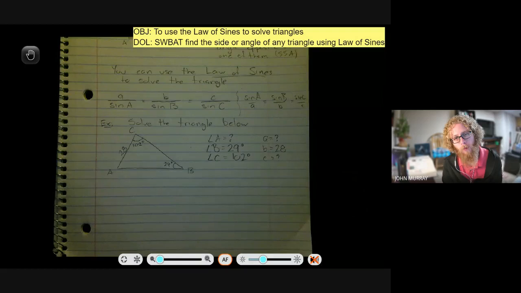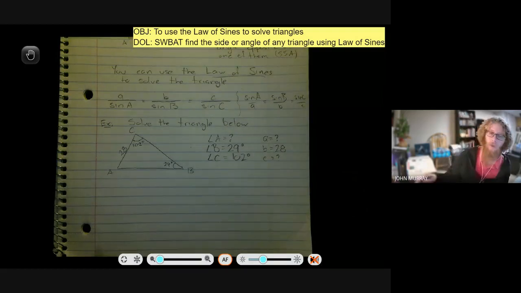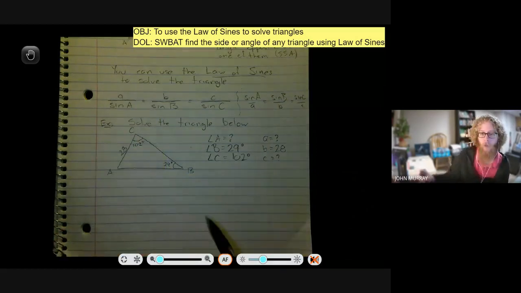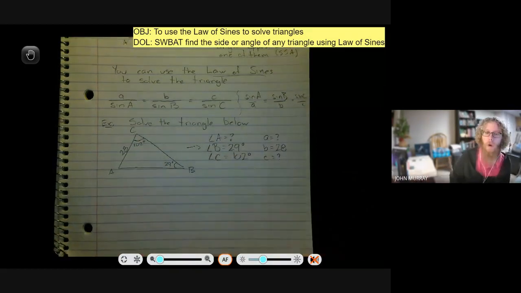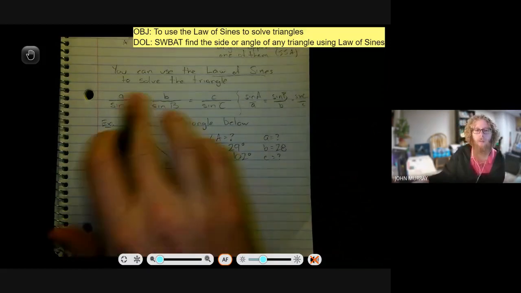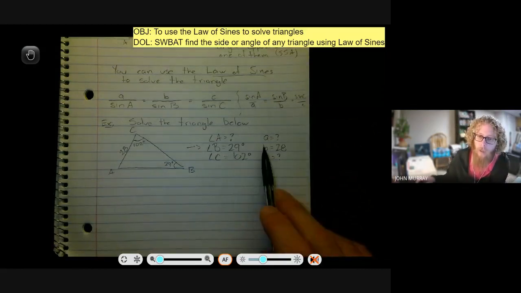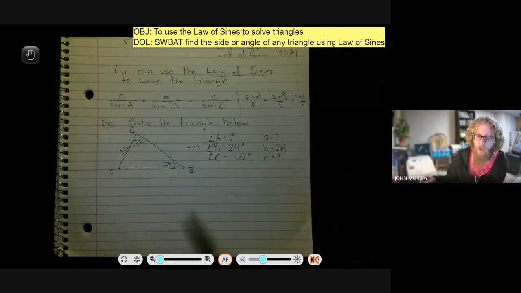So from our ratios, we're going to look for a variable where we know both the side and the angle, because that's going to help us. So here, B, we're probably going to use B with our law of sines, because again, we know both the angle and the side.